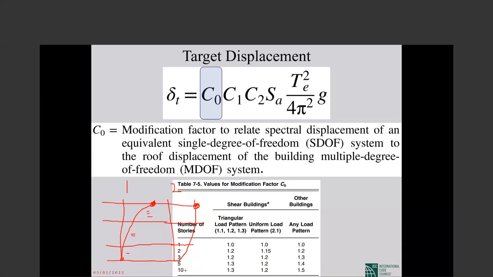So any system that has bending behavior will stiffen the bottom stories, but it can't stiffen the top stories. You can see the drift in the top stories is much more.